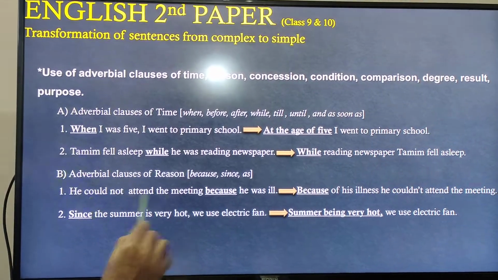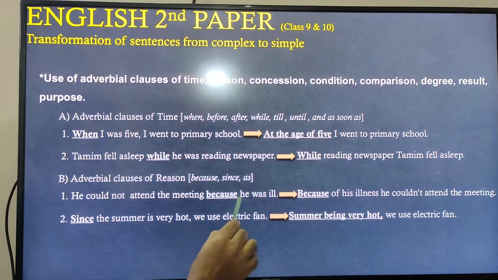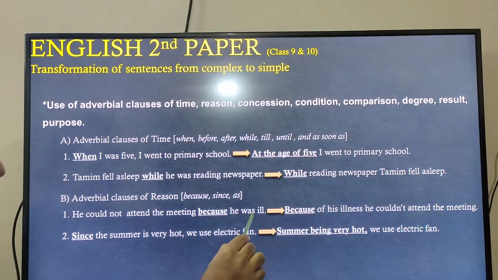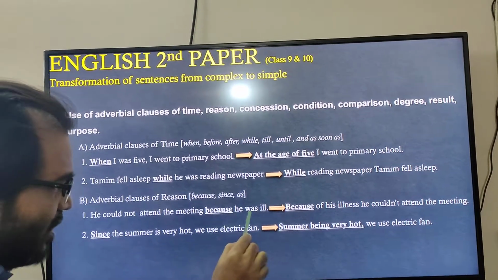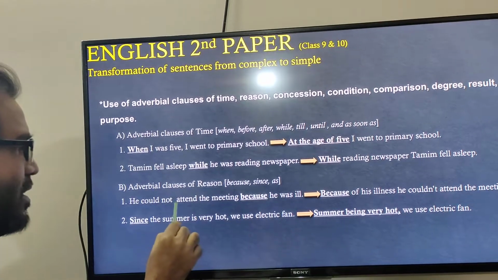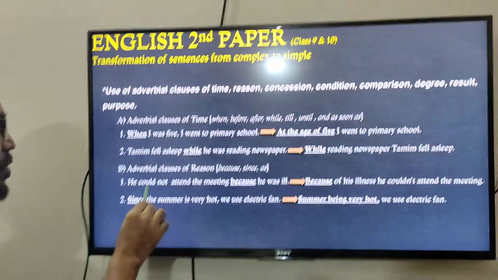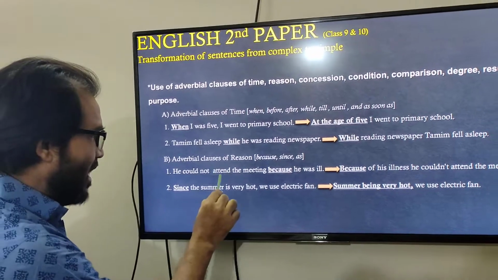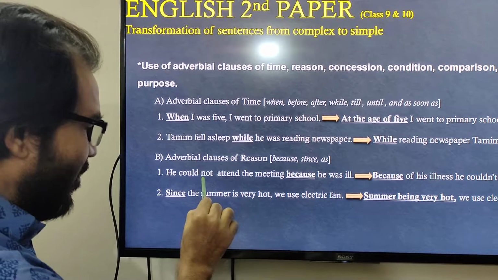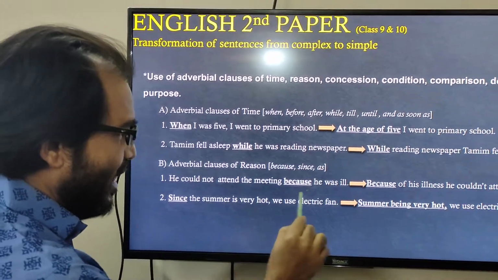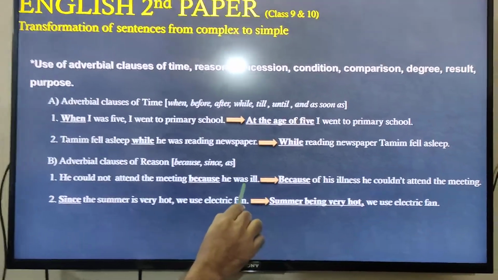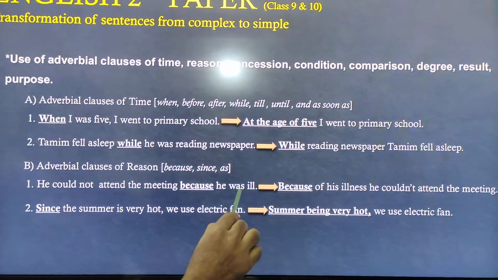He could not attend the meeting is the principal clause. Because he was ill is the subordinate clause of reason. It expresses why he could not attend the meeting. The verb could not attend is qualified by because he was ill. So this is the subordinate adverbial clause of reason.